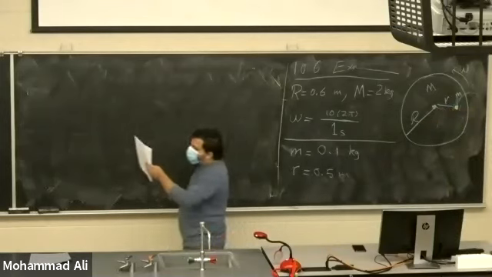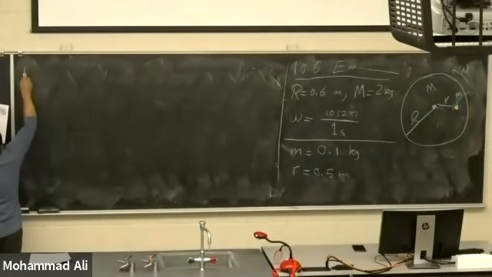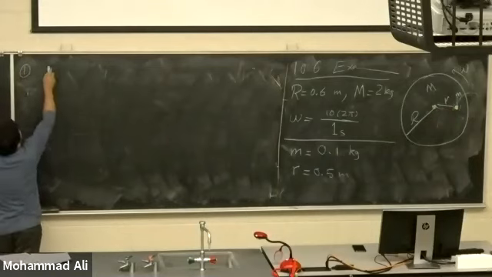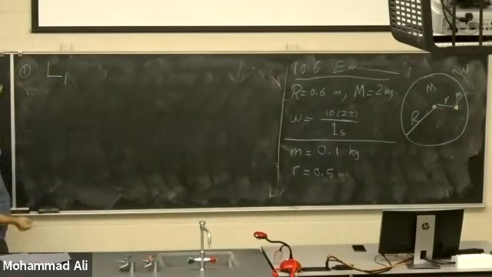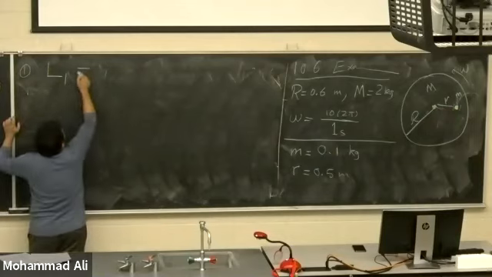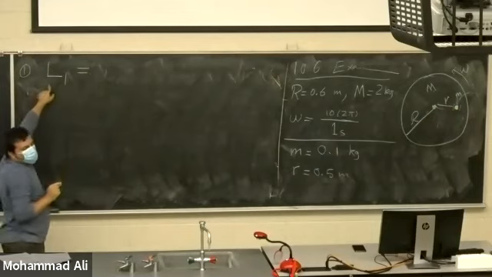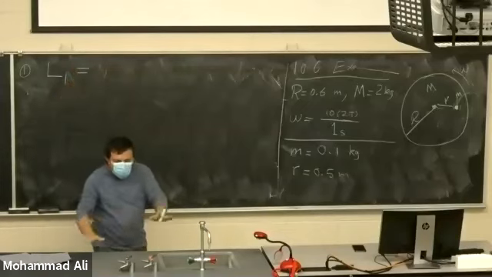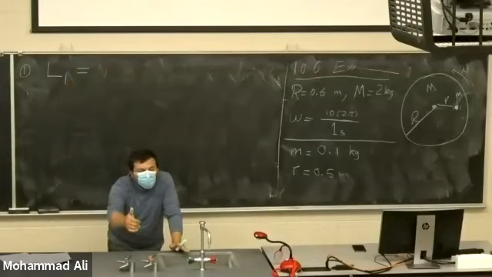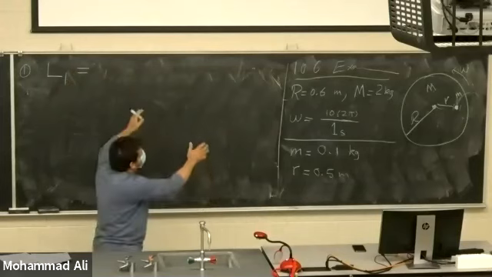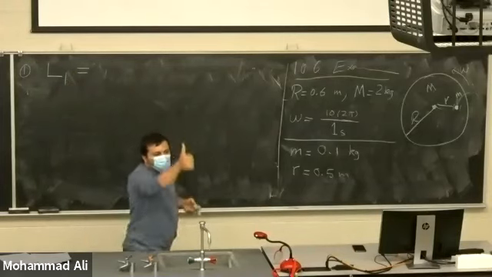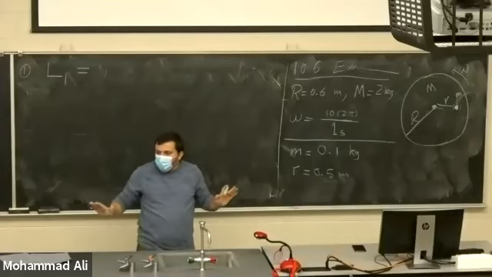Okay, now find the initial angular momentum. I need the angular momentum initially, before the collision, before the interaction. It is equal to, I will not put the vector direction because the disk is horizontal and all of my angular quantities are in the z direction, right?